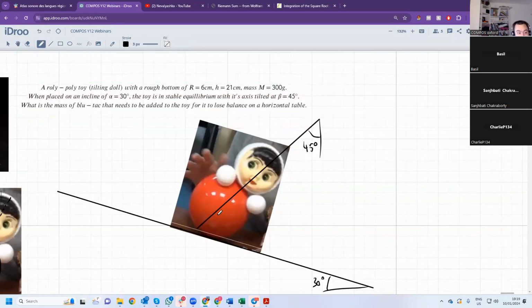Let's say the center of mass is here, a distance d away from the bottom. Now this is the center of the sphere, and this is the point of contact.